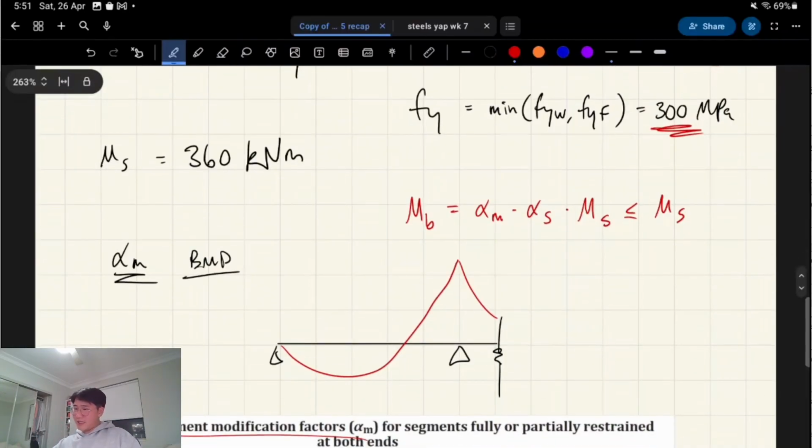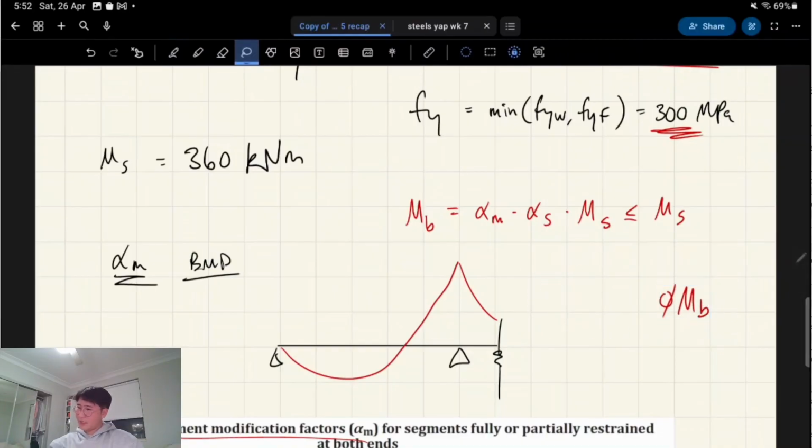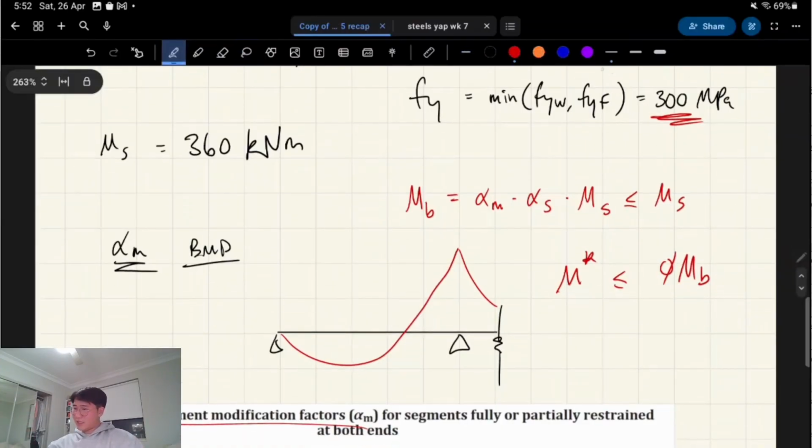The idea is that MB is our actual capacity, once we factor it. That's the actual capacity of our entire beam. We're comparing that with our external moment, which is based on unknowns at the moment for our question, right? So how do we get to this? Well, first we have to calculate MS, right?